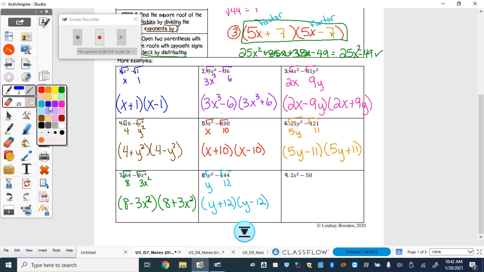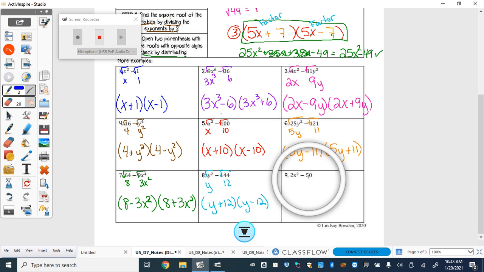So I get here down to number 9, and I try to do my square roots, but 2 is not a perfect square, and 50 is not a perfect square. So now I'm going to do a little thinking here. Now, 50 is an even number. I can divide it by 2, and I can divide my first one by 2. So we're going to do a GCF factor of 2 first.